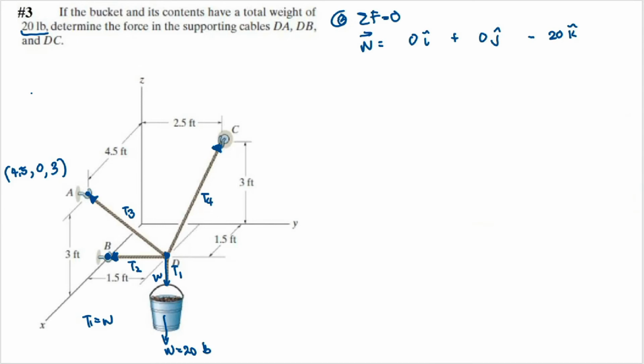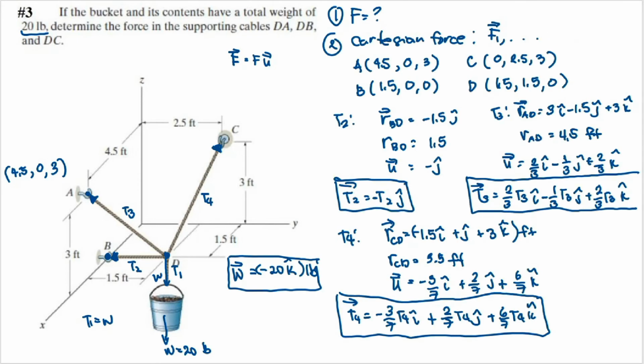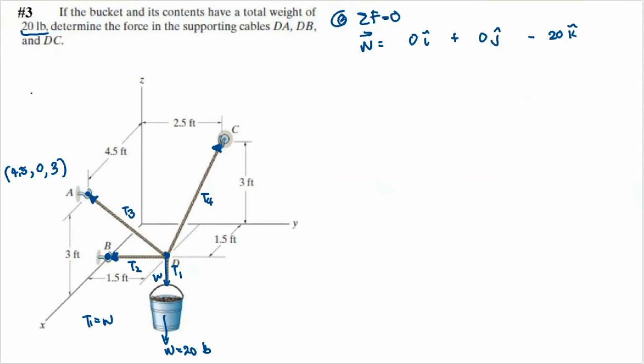That is for weight. For T2, medyo madali si T2, that is negative T2 j hat. So here, for T2, 0 ang kanyang i, negative T2 j hat ang kanyang value for j, at wala siyang k. Usually, in the next part, kunwari nasanay na kayo, kahit hindi nyo na isulat yung mga 0. Itatapat nyo lang.